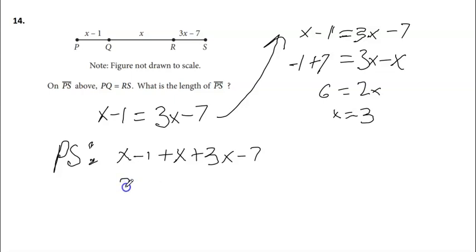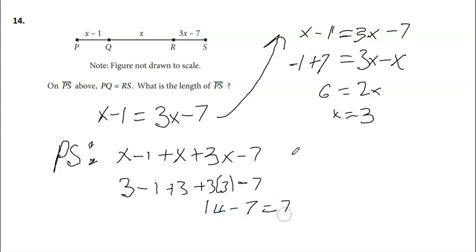So now we can substitute x in this, right? So I have 3 minus 1 plus 3 plus 3 times 3 minus 7. All right? So here, 3 minus 1 is what? 2 plus 3 is what? 5 plus 9 is what? 14 minus 7 is equal to 7.